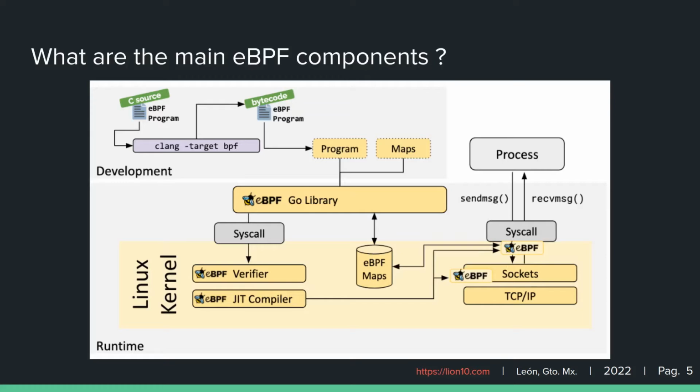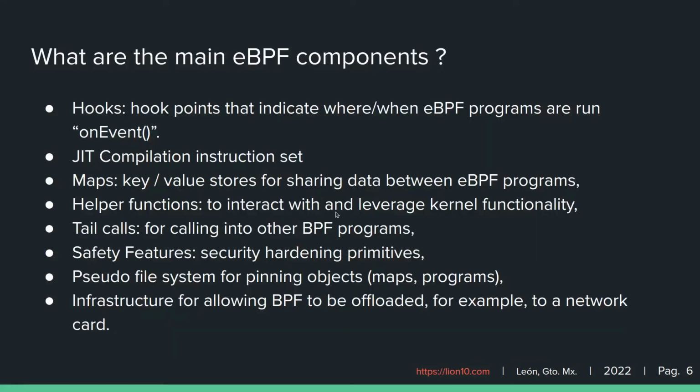But in essence, the first thing we have is hooks. eBPF programs are event-driven and run when the kernel or an application passes a certain hook point. Predefined hooks include system calls, function entry/exit points, kernel trace points, network events, and several others.